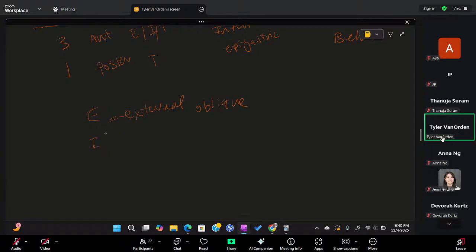The I is the internal oblique. And then the two T's, one is the transversus abdominis, or however you say it. And then the last T is the fascial layer. So the transversalis fascia, transversus abdominis muscle, sorry.